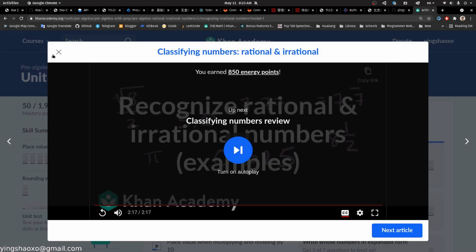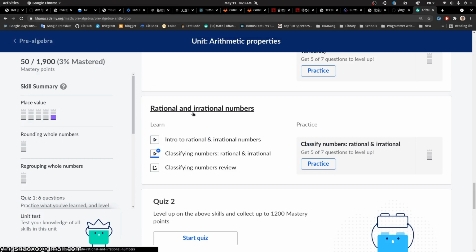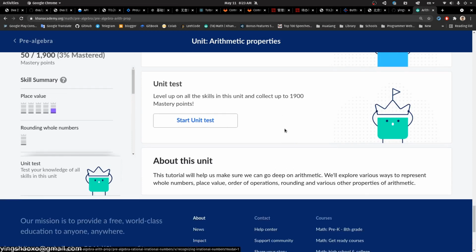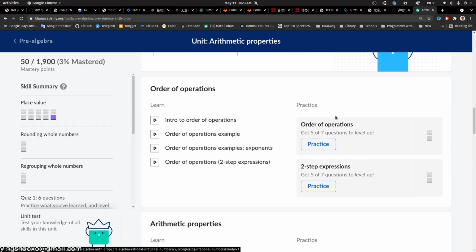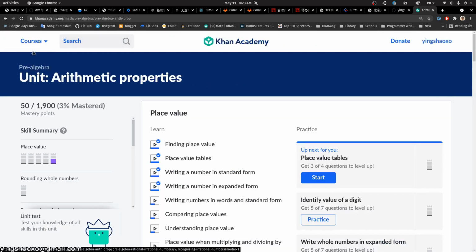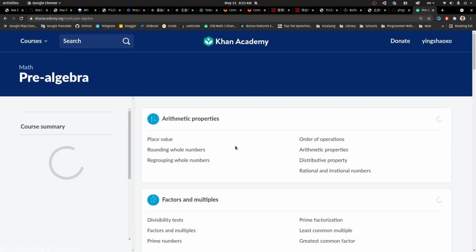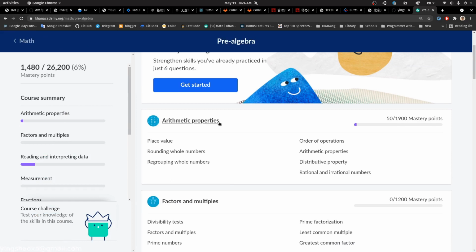Okay, it at least tells us what is a rational number and what is an irrational number. And I guess that's enough for the pre-algebra part. Or maybe not. Let's go back for a little bit. We need to go to the pre-algebra. This is basically the first part of the arithmetic properties.